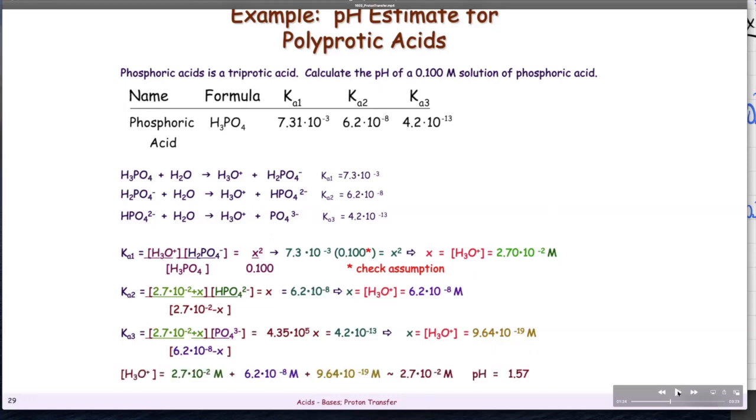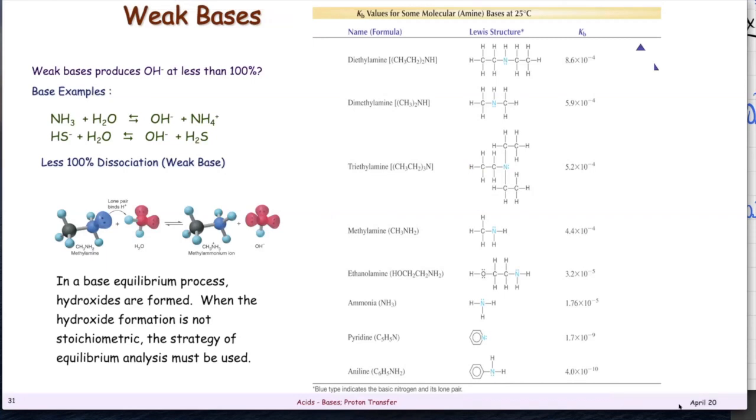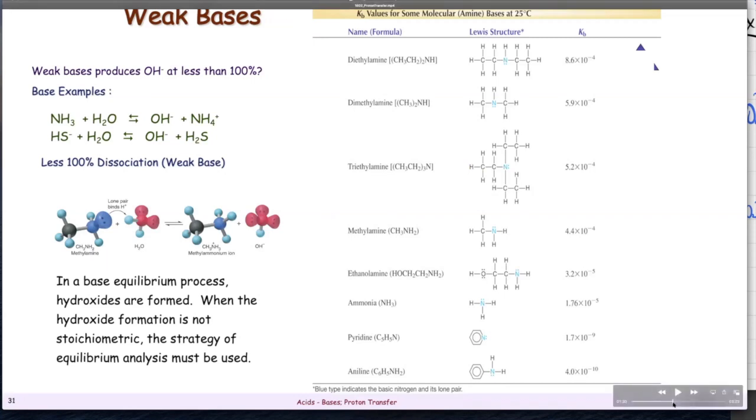I think you have a problem in your activity that deals with polyprotic acids and base. So here's a problem that you guys can do.